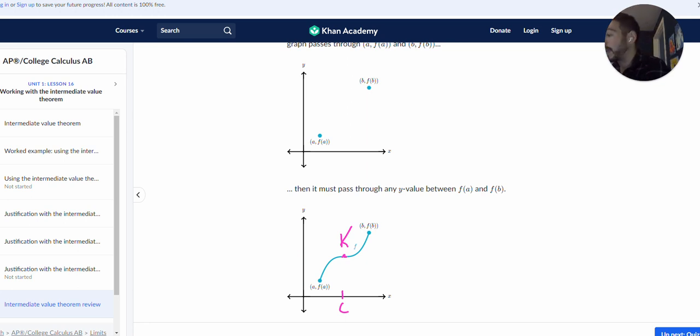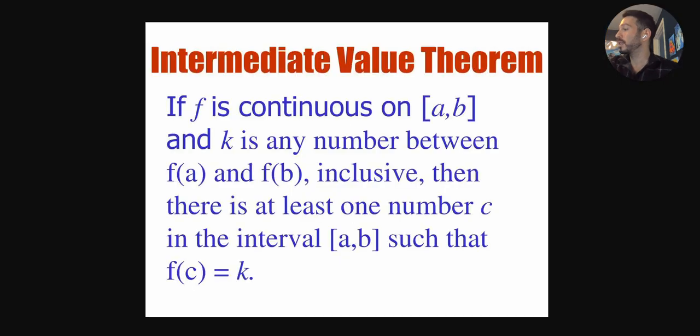Now, by the way, it can also go down and then back up. But say this were 2 and then this were, I don't know, 20, k, there has to be a c value that f of c equals between 2 and 20. That's what they're saying here. And then here it is, intermediate value theorem.